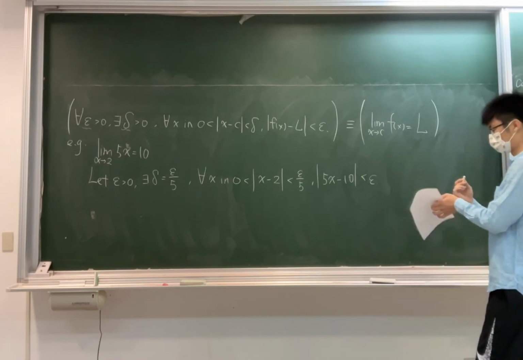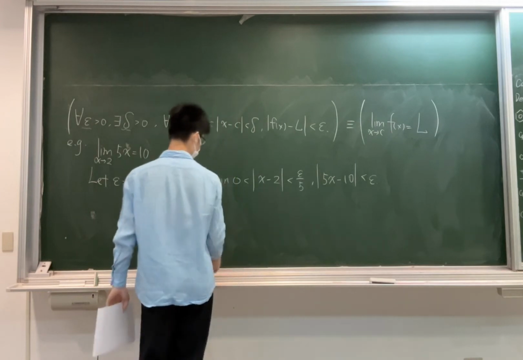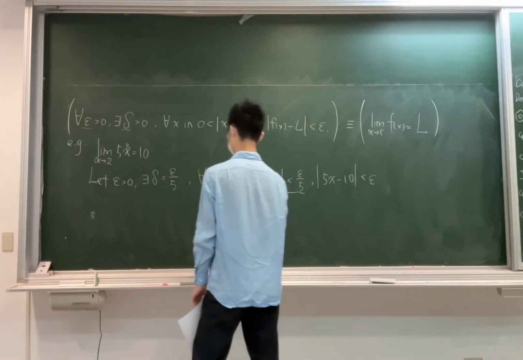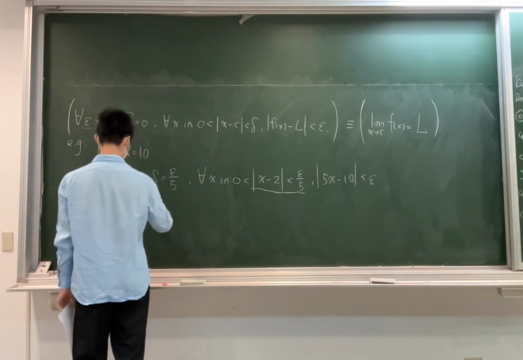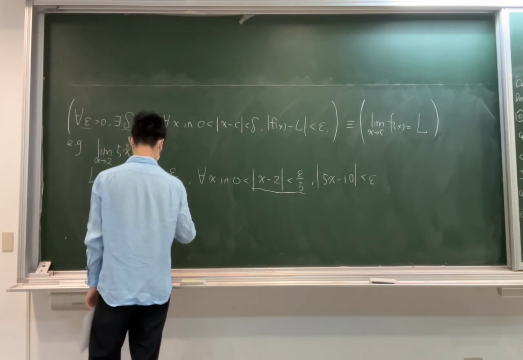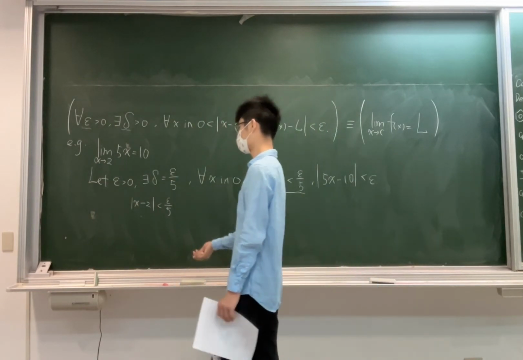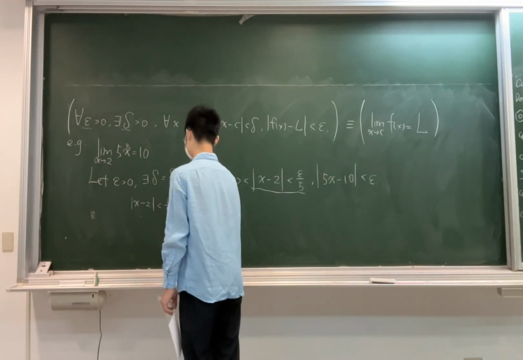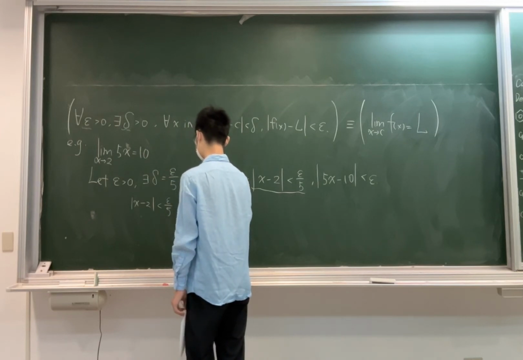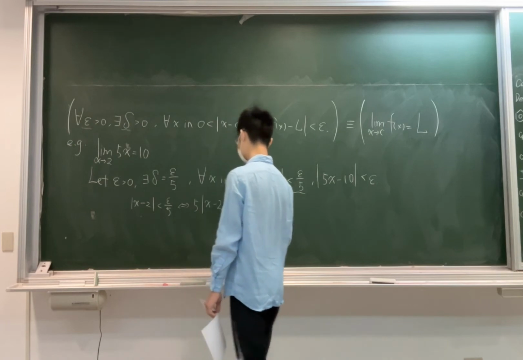And how do we show this statement works? We just need to see this inequality. The absolute value of x minus 2 is less than epsilon over 5. Then we multiply both sides by 5, so we have 5 times the absolute value of x minus 2 less than epsilon.